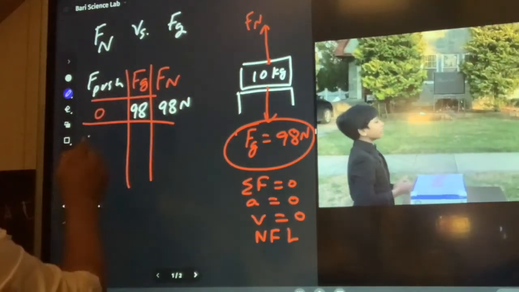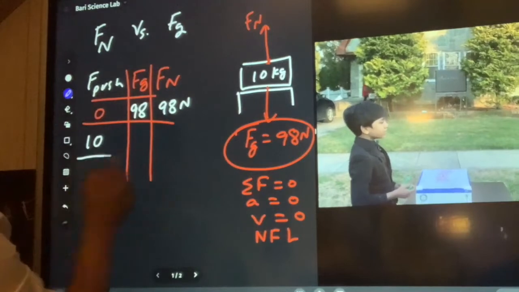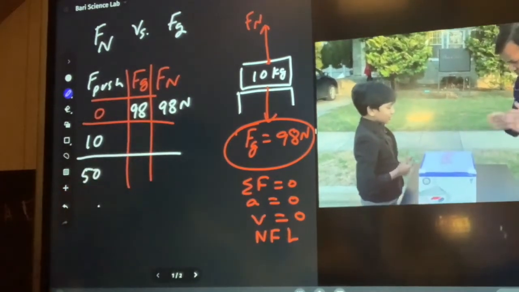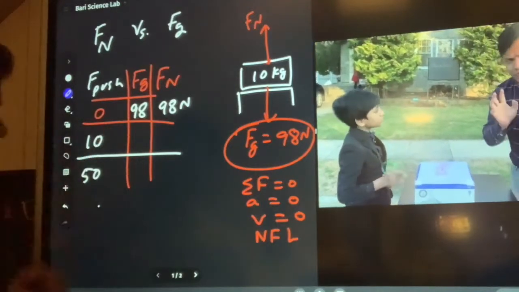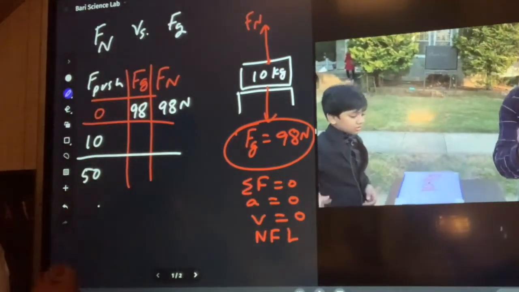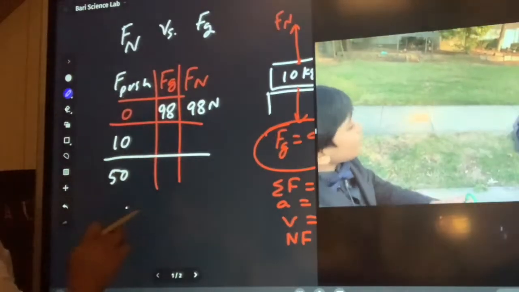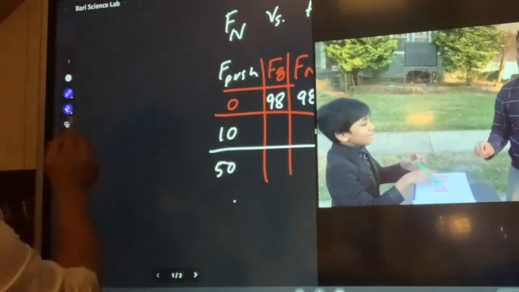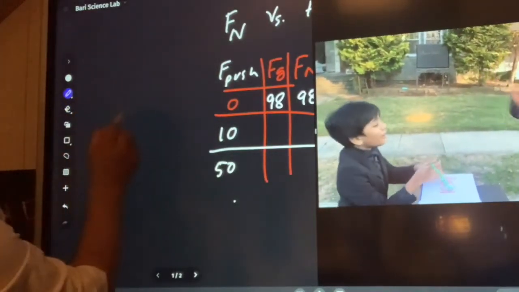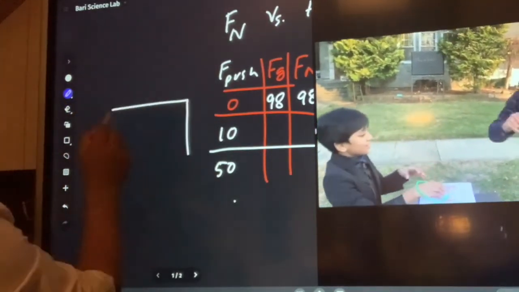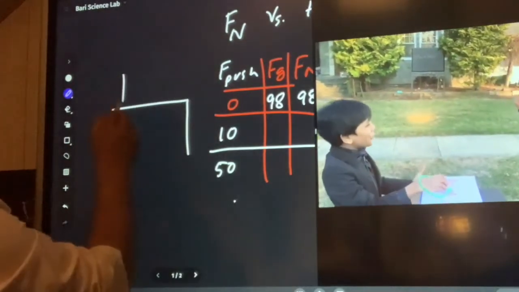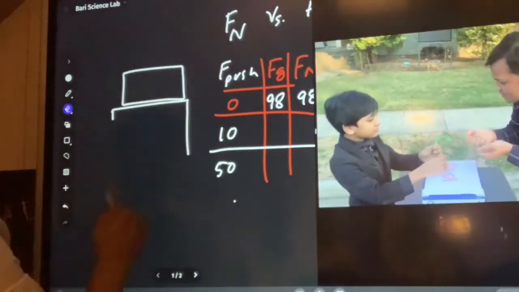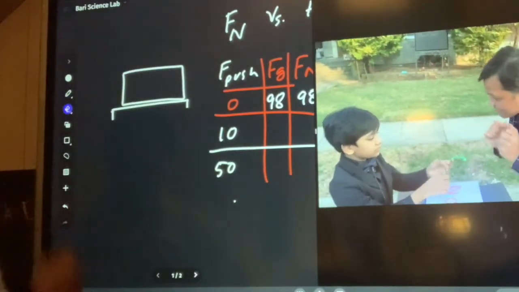Now let's say 10 Newton, and then 50 Newton. If we apply 10 Newton, how would that change? Let's put the table over here. Okay, so this is the table. I'll make the table small so I have more room.